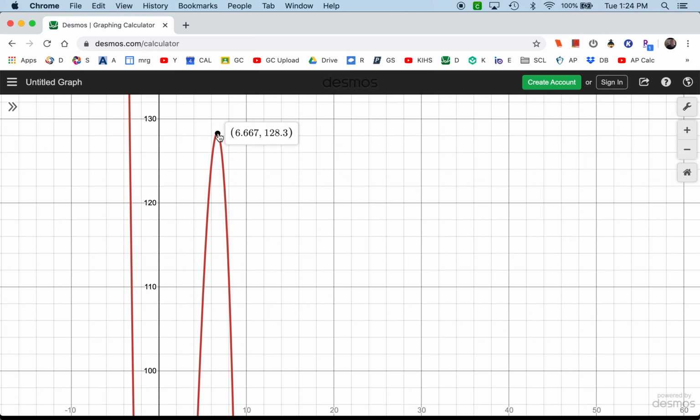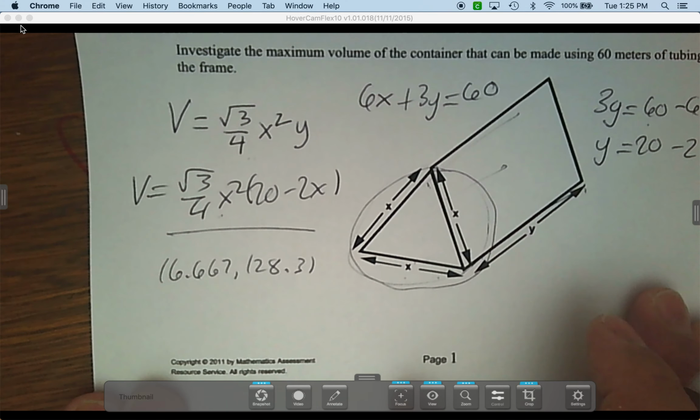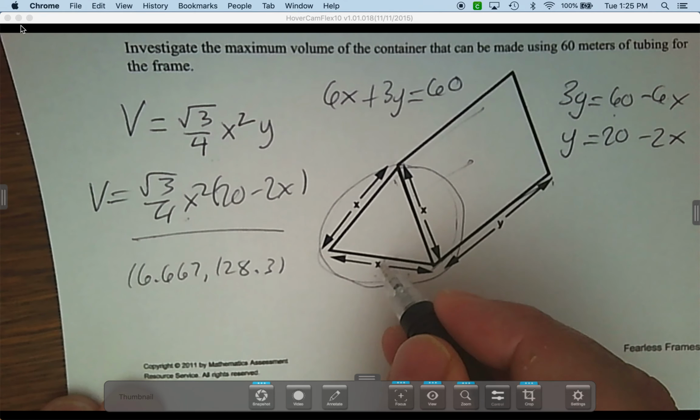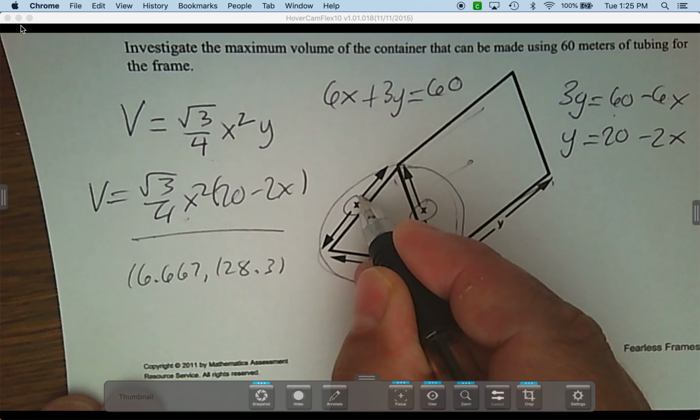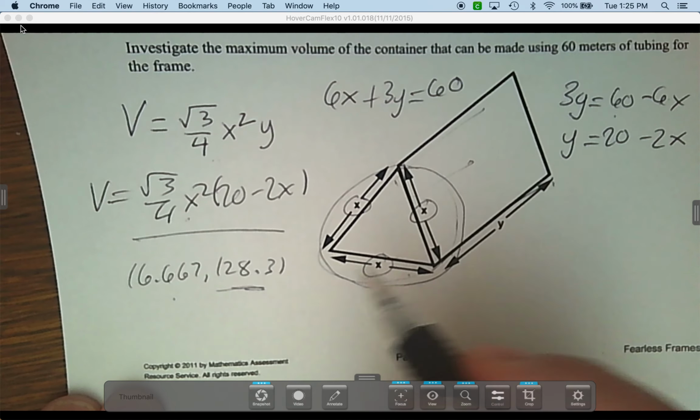I should just round it, 6.7, and 128.3 or 128. So let's go back. So 6.667 or 128.3. What did we find? So if the equilateral triangle, if each side is about 6.7, it gives you a volume of 128. That would be the maximum volume.